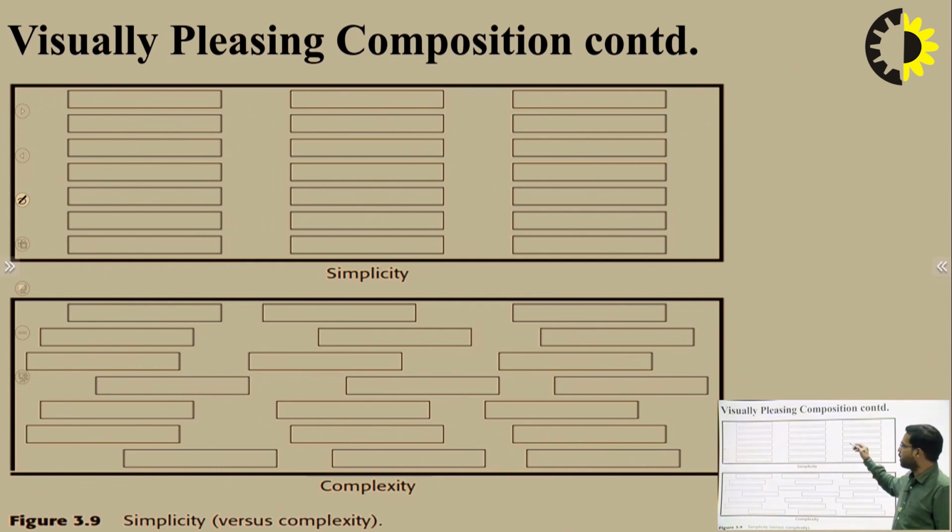That is the simplicity: all boxes are simple, together and fixed, but in the complexity there are different, scattered boxes, and we cannot identify which boxes are in the proper place. So that is simplicity versus complexity.